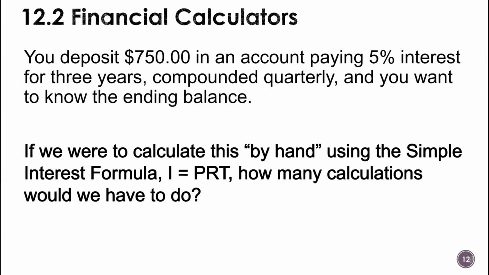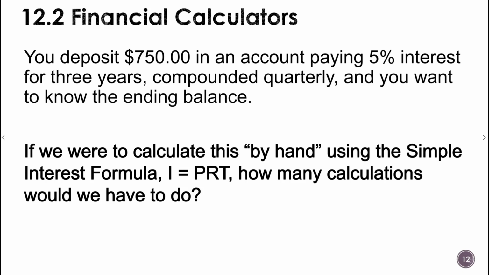Okay, so you deposit $750 in an account paying 5% interest for 3 years, compounded quarterly, and you want to know the ending balance. If we were to calculate this by hand using the simple interest formula, remember we did that in section 9.3, how many calculations would we have to do?